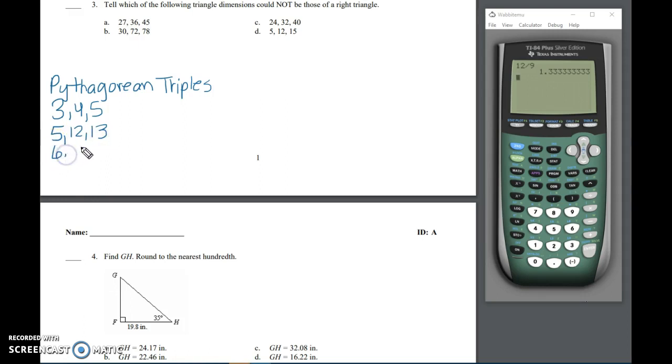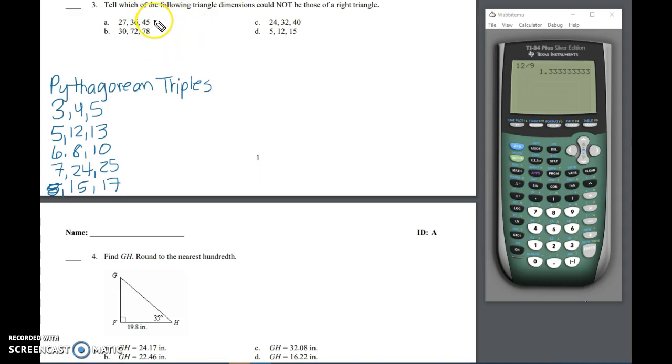We have 6, 8, 10, which is really a 3, 4, 5 times 2, but it's used very often. 24, 25, and 8, 15, 17. Okay, so those were the triples that we learned earlier in the year. And those consistently show back up.